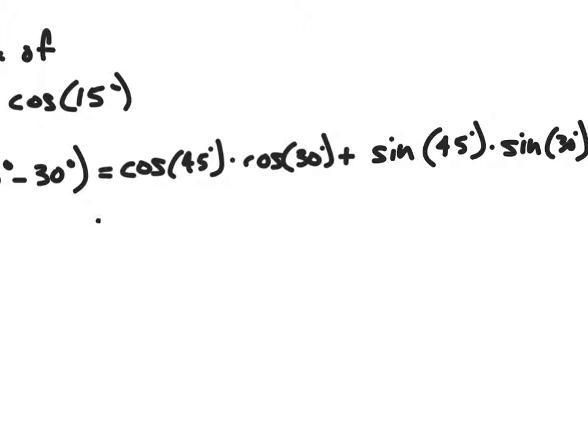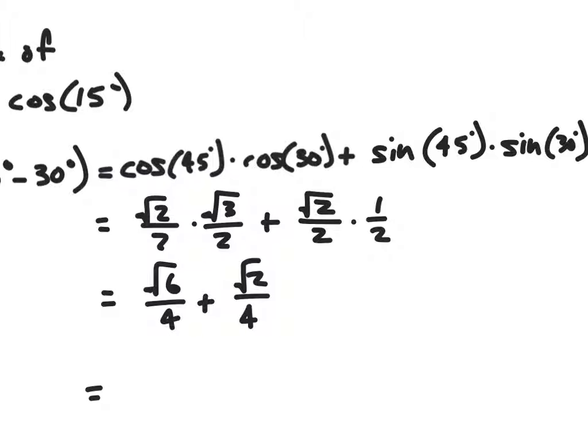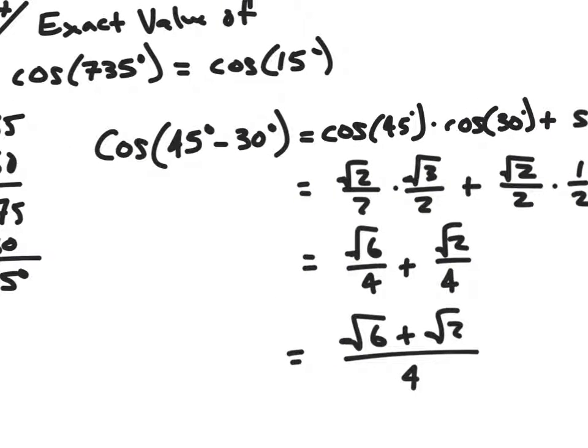Similar to what we were doing, cosine of 45 is root 2 over 2, cosine of 30 is the square root of 3 over 2, plus square root of 2 over 2 times 1/2. It's the same numbers, so this is the square root of 6 over 4 plus the square root of 2 over 4, giving us the square root of 6 plus the square root of 2, all over 4. And that is equivalent to cosine of 735 degrees.